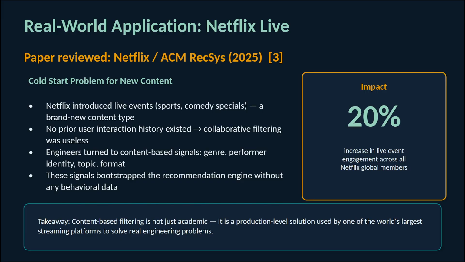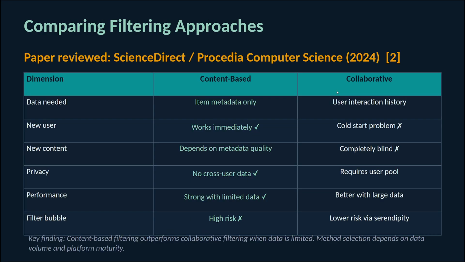So their solution was to fall back entirely on content-based signals, so the genre, the performer, the topic, and it worked. They saw a 20% increase in live event engagement across their entire member base, which proves that content-based filtering is production-level infrastructure.